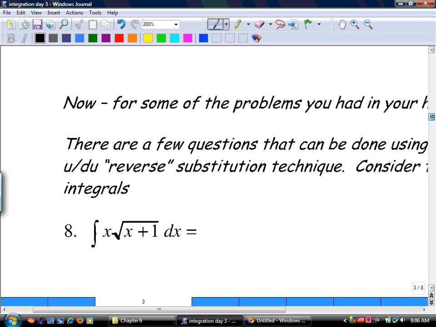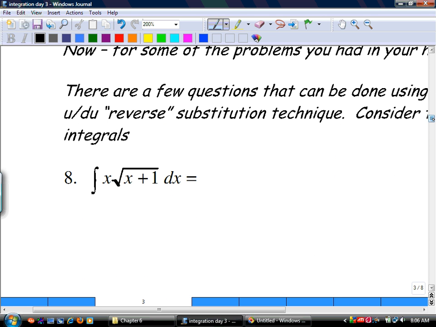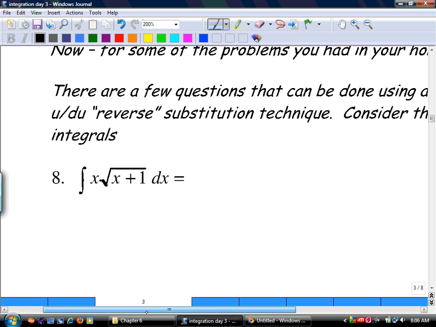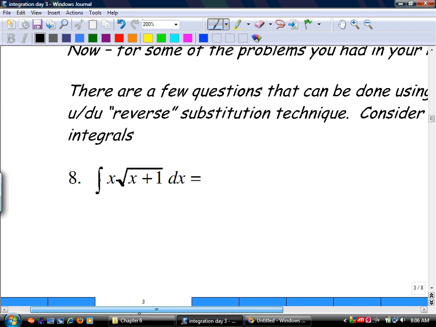I have to think about these ones. Okay, what do you think we're going to let U equal? Very sneaky reverse substitution technique.